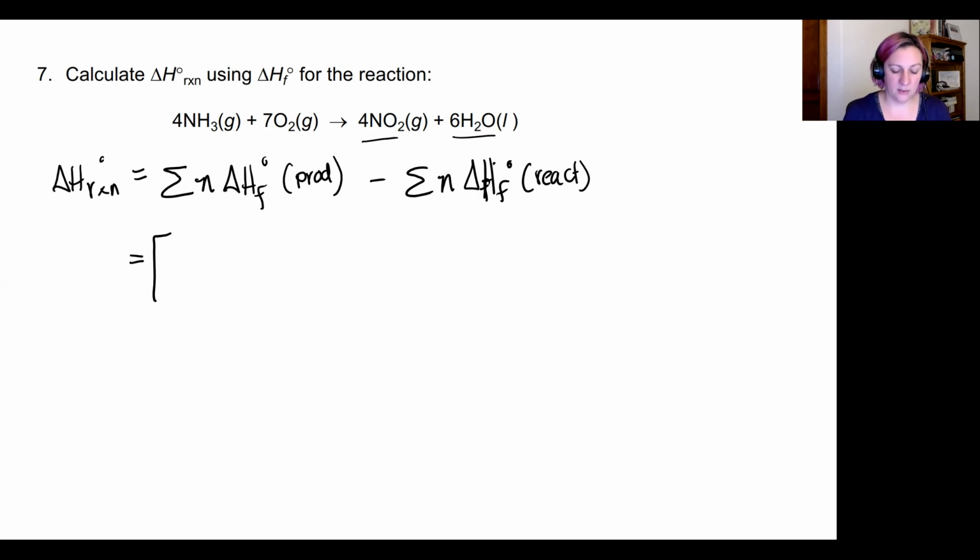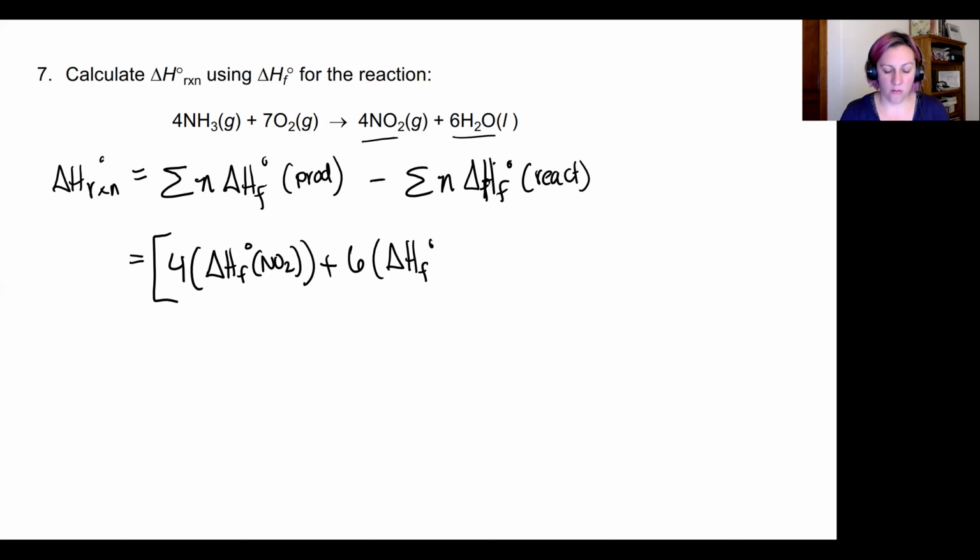It means it's going to be 4 times the standard enthalpy of formation for NO2 plus 6 times that standard enthalpy of formation for water. And I'm going to make sure that I'm finding the version that has the same phase when I do it. And that'll take care of my products.